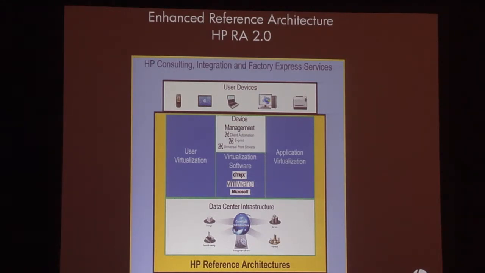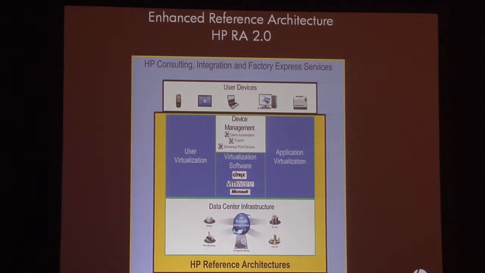And we've basically hooked up with AppSense and RES around the user personalization space, and Citrix and Microsoft, and obviously VMware, in application virtualization. So what we like to do is help build a strategy around all of this, around our reference architecture 2.0, for customers for implementation of VDI.